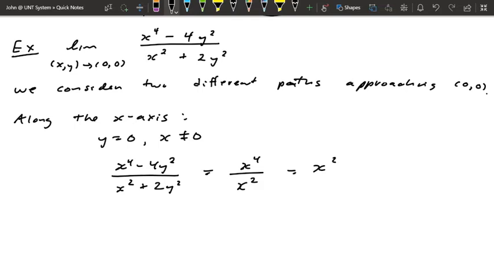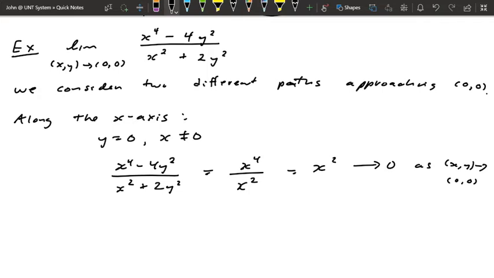So for any point x, y on the x-axis, the function we're taking the limit of is just going to simplify to x squared, which approaches 0 as x, y approaches 0, 0. All right, so along that path, our function is approaching 0.